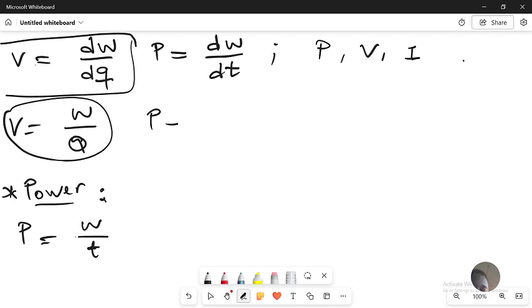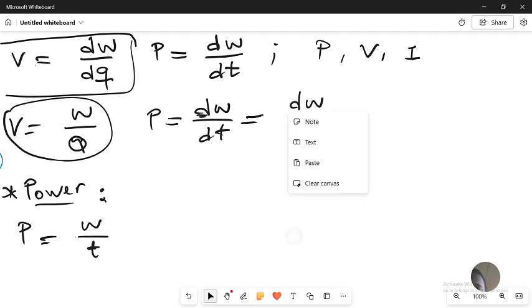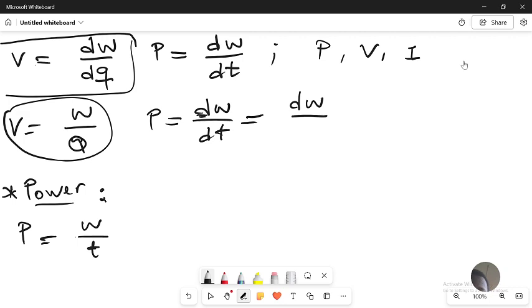I already know that power equals the derivative of energy with respect to time, which I can write as the derivative of energy with respect to charge, multiplied by the derivative of charge with respect to time. If I simplify, only the derivative of energy with respect to time remains, which equals this one.